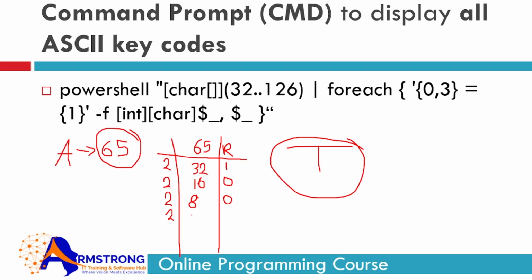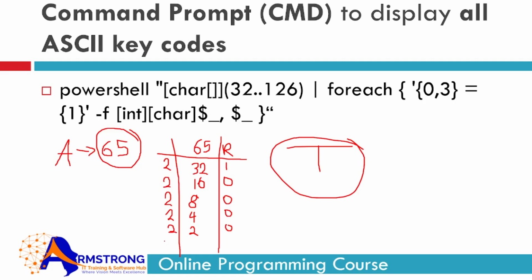Again, 2 goes into 8 how many times? 4 times, and this gives us remainder 0 again. Now 2 goes into 4 how many times? 2 times, and this gives us remainder 0.